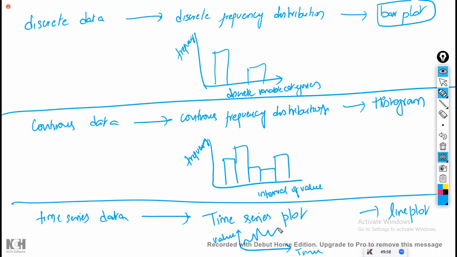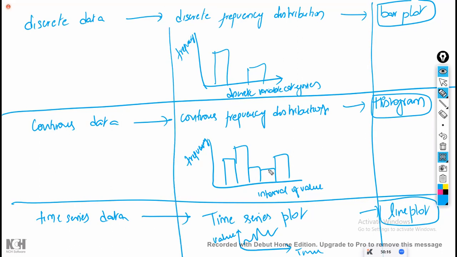So continuous frequency distribution is also called a histogram. This diagram name is histogram, and this diagram name is line plot. These are the diagram names. These are generally called frequency distributions in statistics.